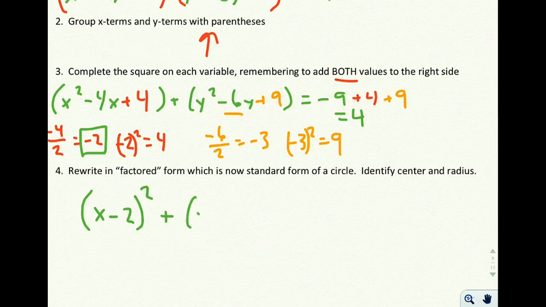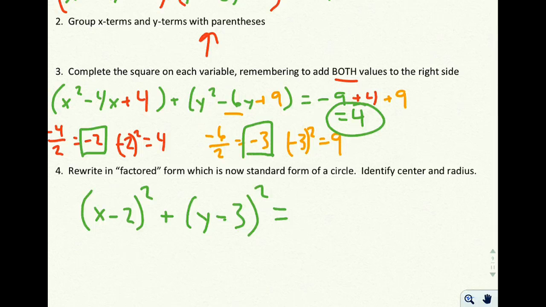Plus, same thing for the y's. Y, and we look at the number that we cut in half, negative 6, got cut in half to negative 3. So y plus negative 3, or y minus 3, squared equals whatever the other side comes out to. In this case, 4.